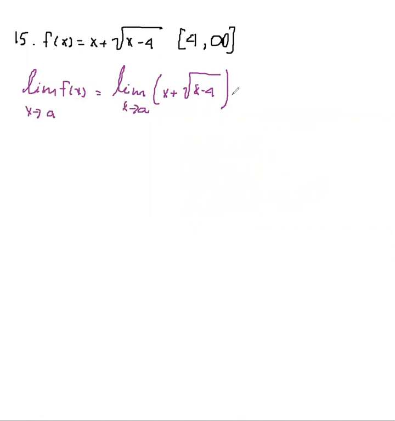You said approach 4 from the right, so you want to say that x is approaching 4 from the right? Such as, let's see. That looks like this, right? Sorry, it's been a hot sec. So yeah.